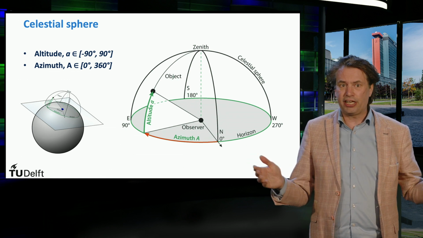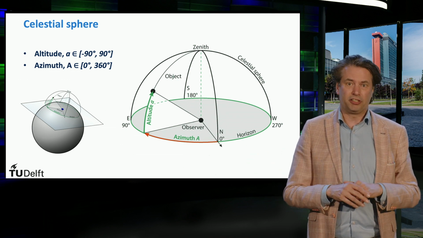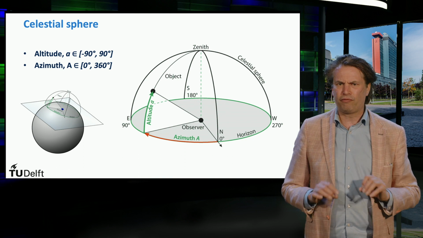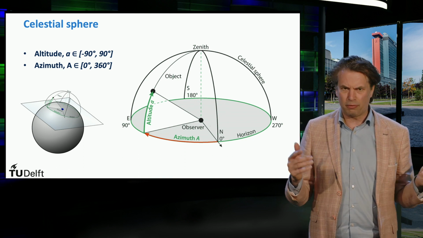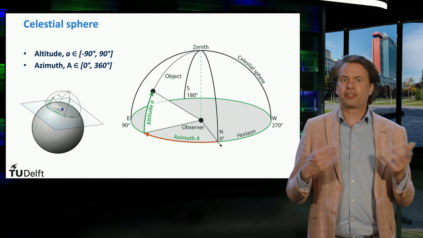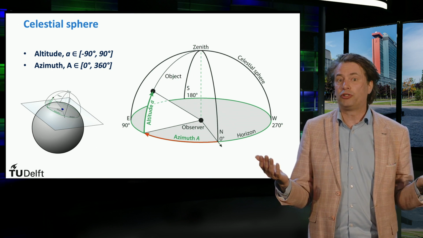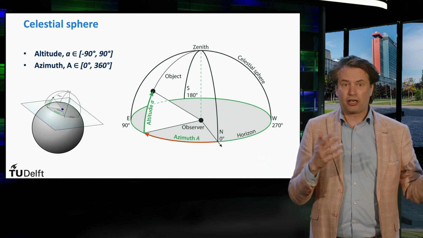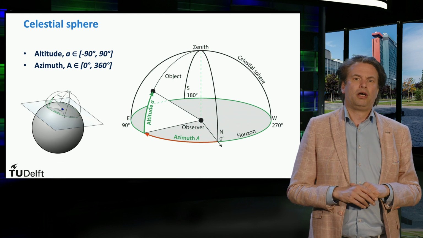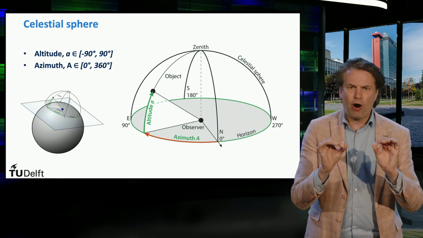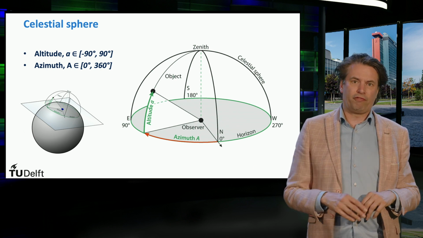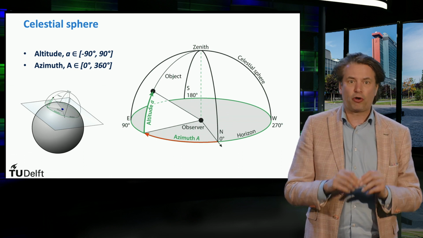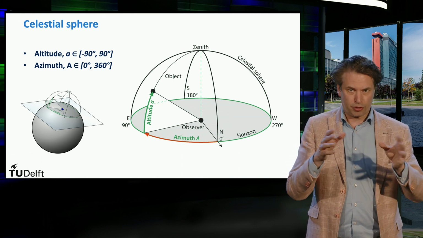Its angular range is between 0 and 360 degrees, but note that different conventions are also used by the PV community. For example, the south might correspond to 0 degrees and angles are counted westward. To be clear, from now on we will use only the convention where A equal to 0 corresponds to the north.